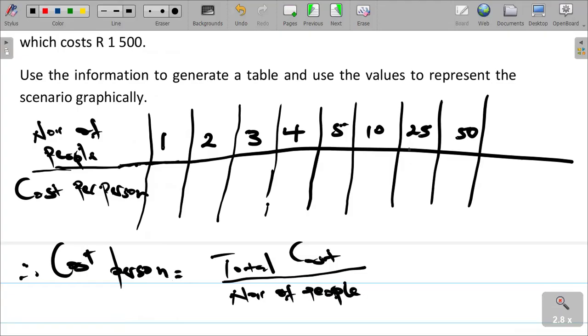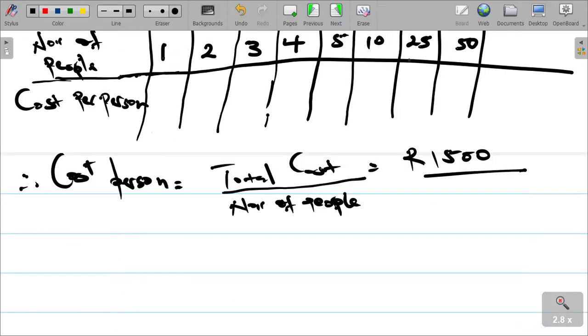Our total cost is given as 1,500. So for one person, we divide by 1, we get 1,500.